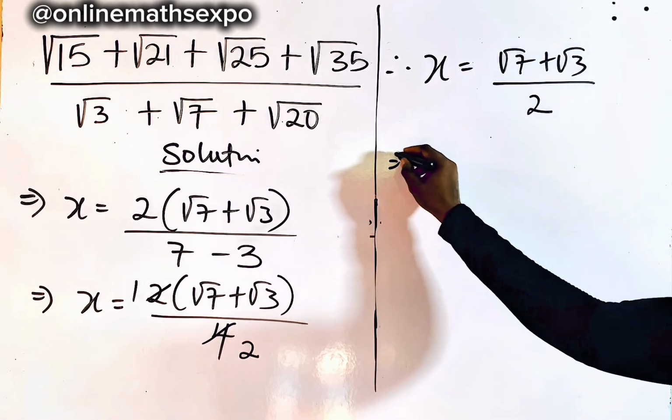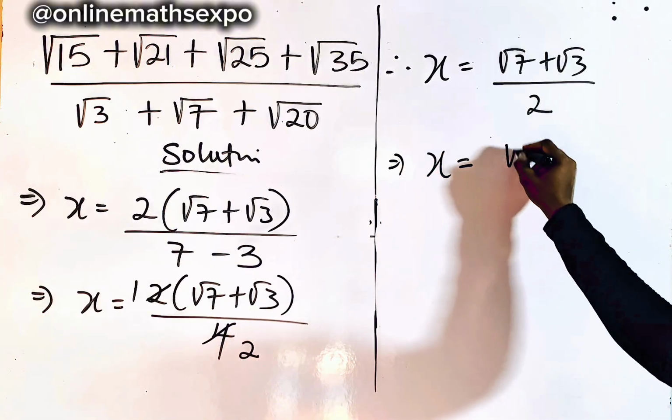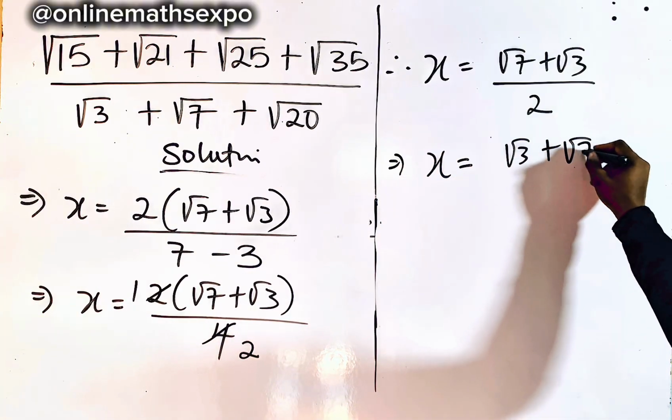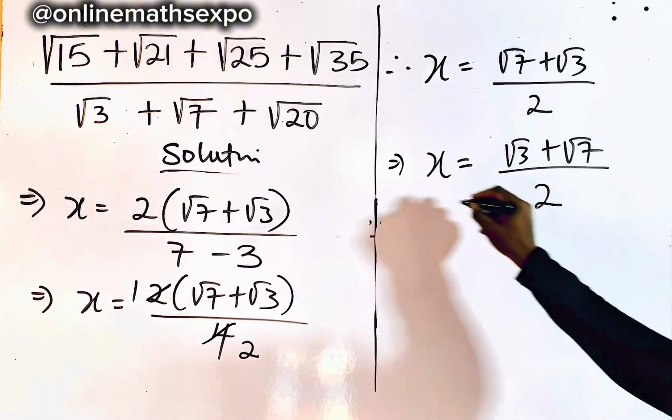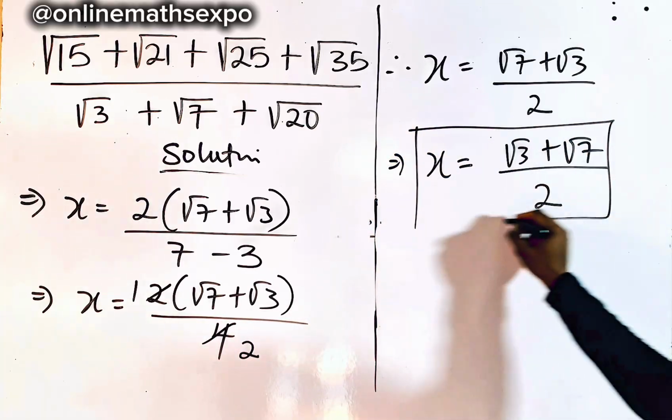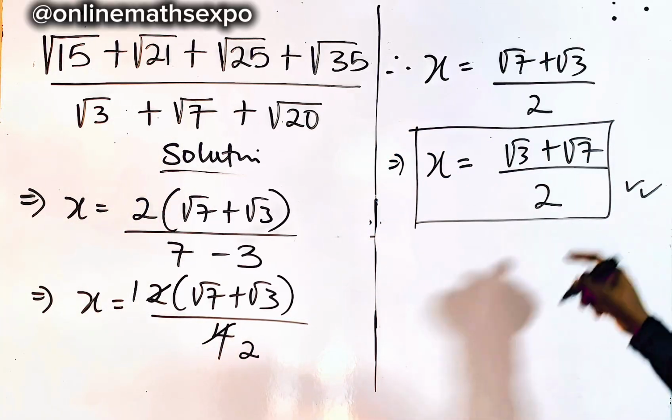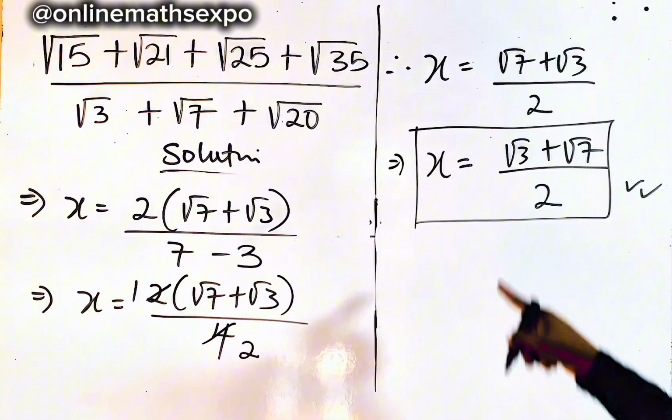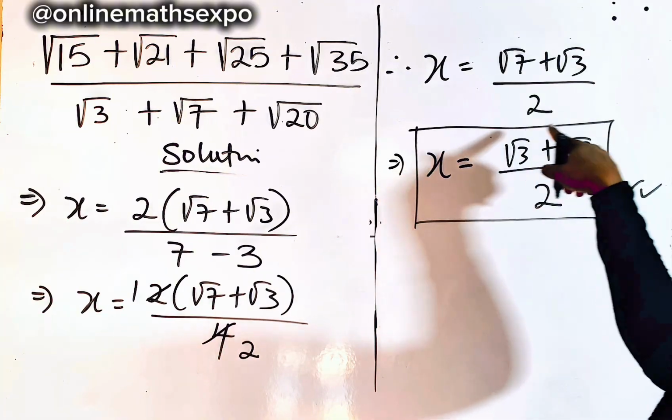You can also write it this way. X is root 3 plus root 7 divided by 2. Let's go with this value of x. So this is the simplified value of x. And it means, remember we said everything we did was supposed to be x.